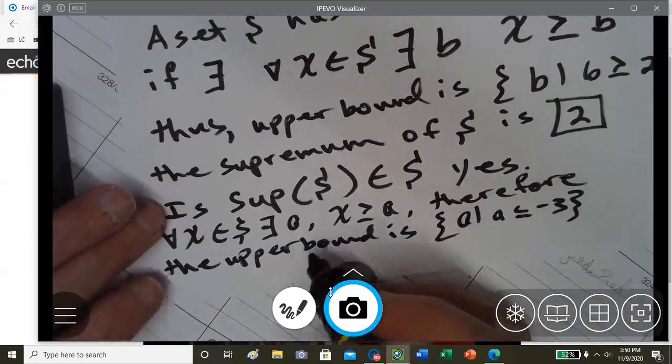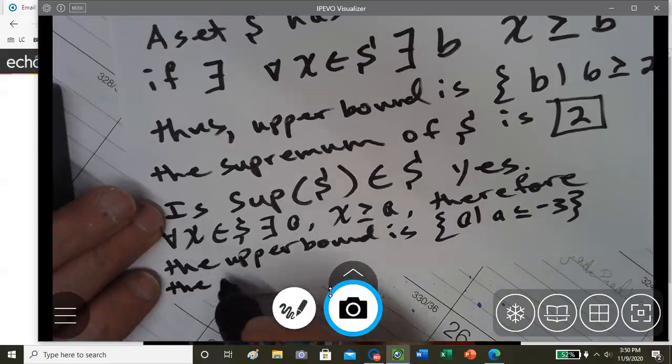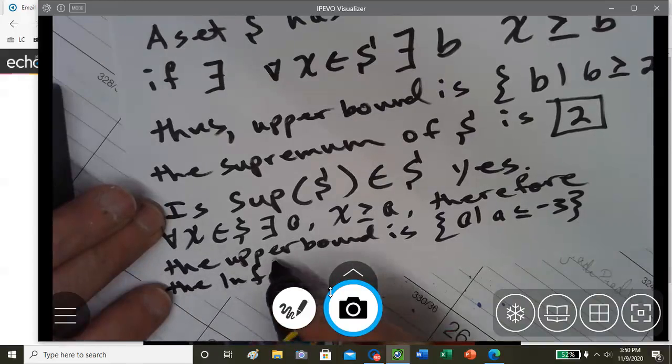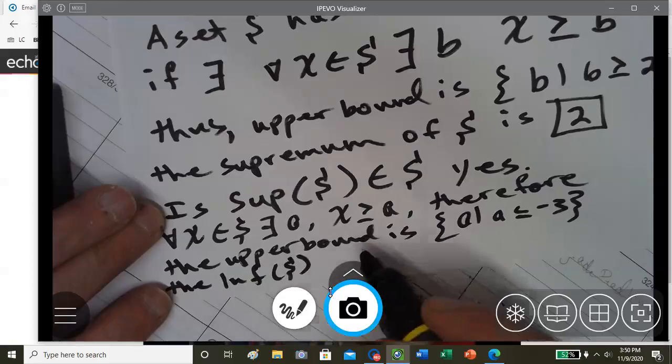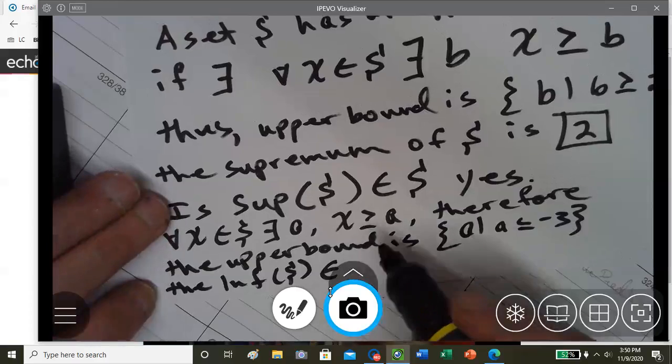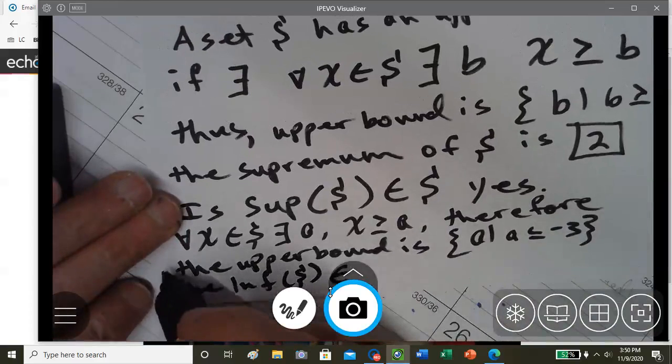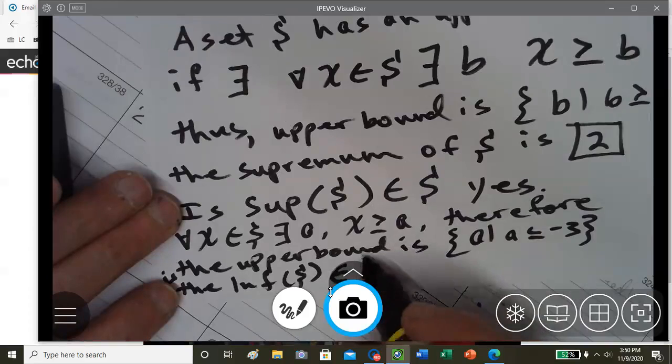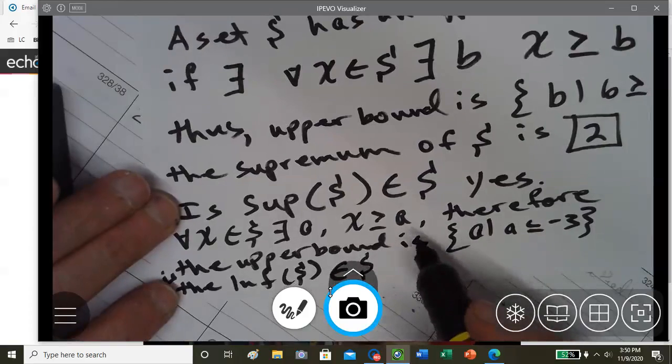The infimum in set S: is the infimum an element in set S?